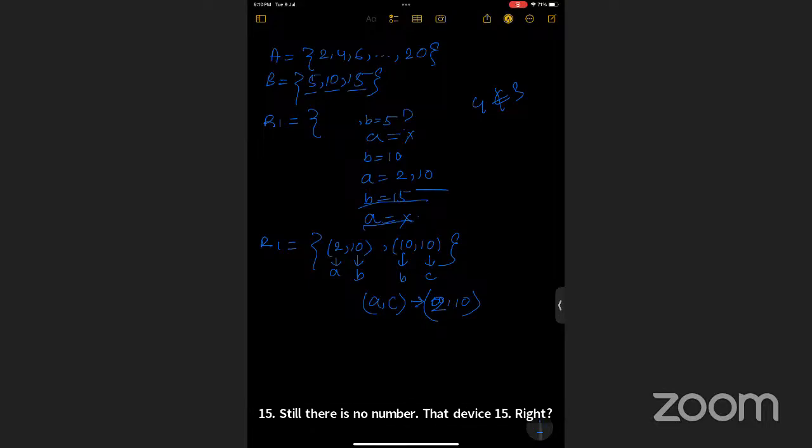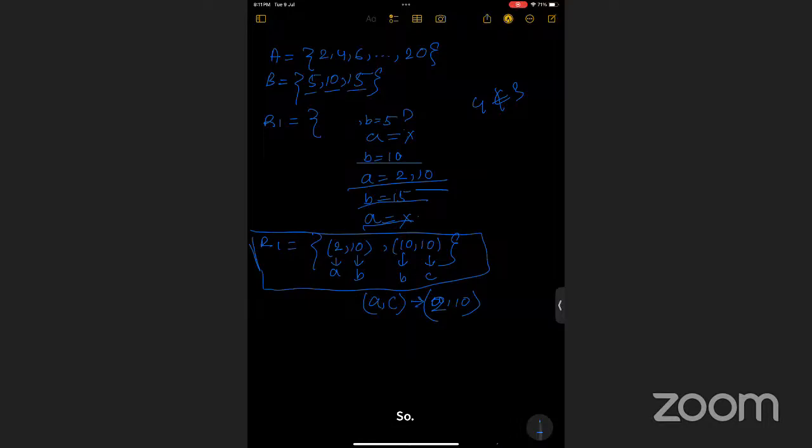Even if B is 10, we have only 2 and 10, which divide 10, right? Yes, ma'am. Okay, this is what R1 is. So is it fine now? Yes, ma'am. I only had the doubt that if we take 10 as B, then there's no C. That's why I was confused.